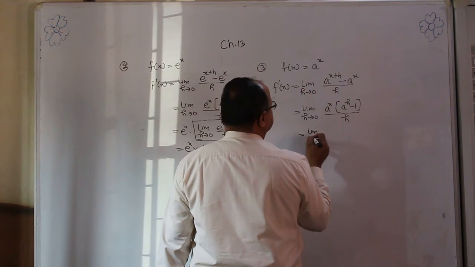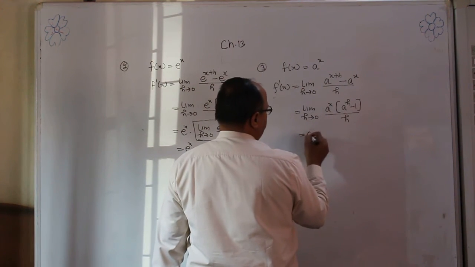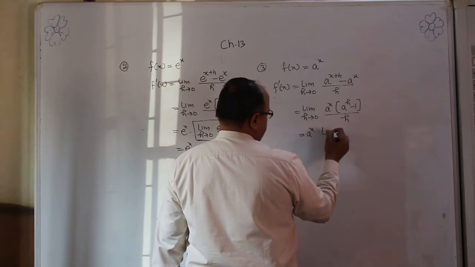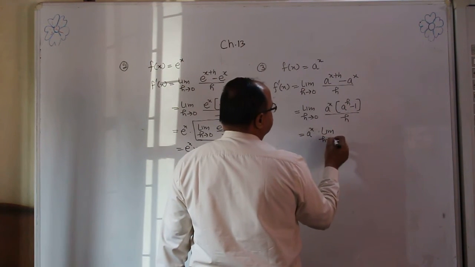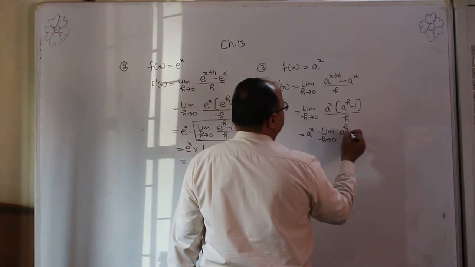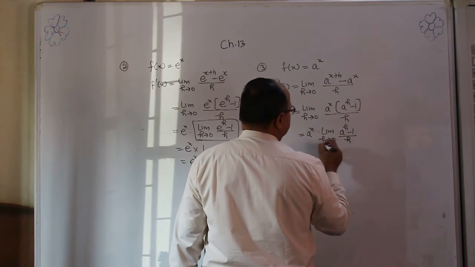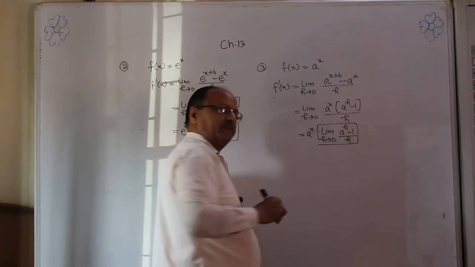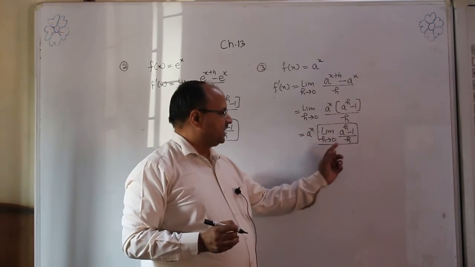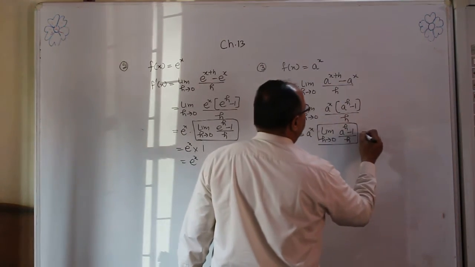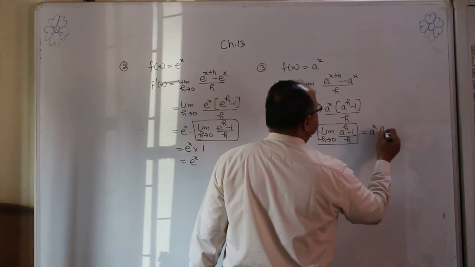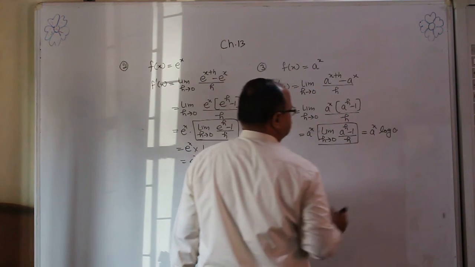With a to the power x outside, limit h approaches to 0, a to the power h minus 1 upon h, this is the property of limit, and this is equal to a to the power x log a.